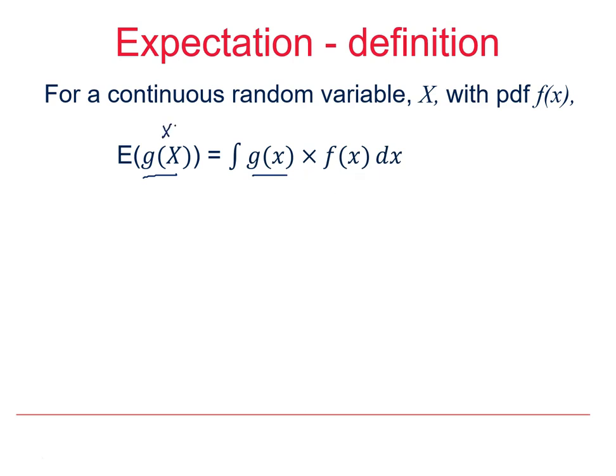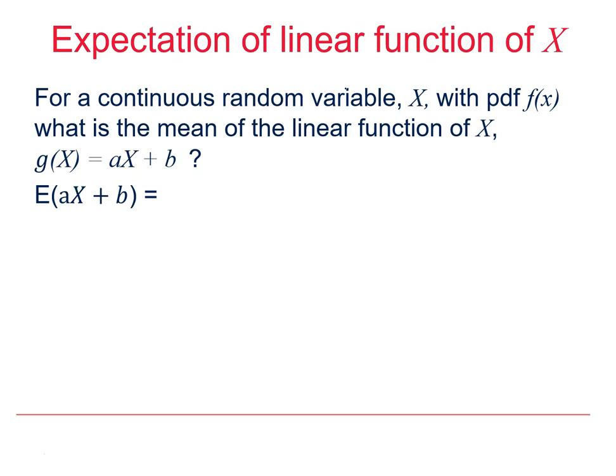And you saw that in action when we evaluated E(x squared) as the integral of x squared multiplied by the probability density function. What we're going to look at in this video is a linear function of our continuous random variable x, and that linear function is ax plus b.